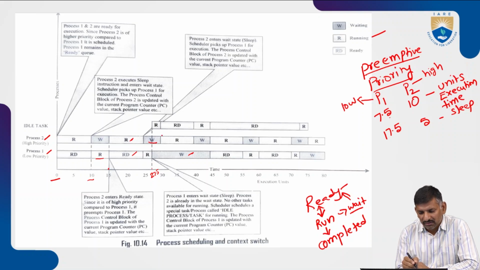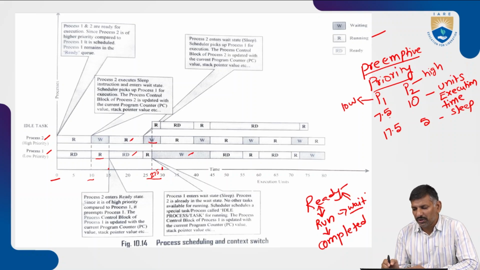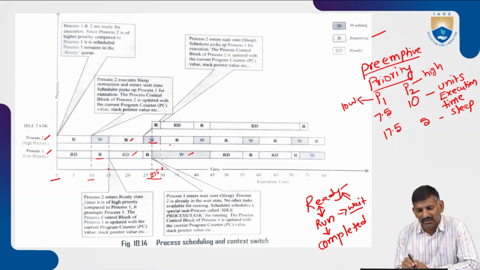P2 waits from the 25th to the 30th millisecond, and at the 30th millisecond it enters the ready state, is scheduled for execution, and enters the running state.